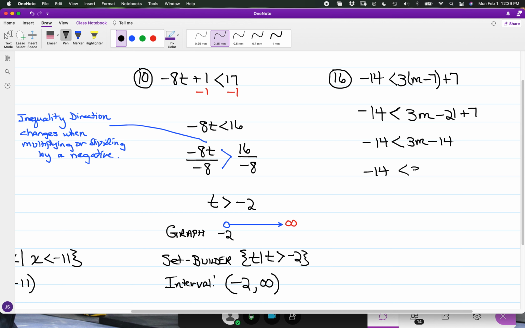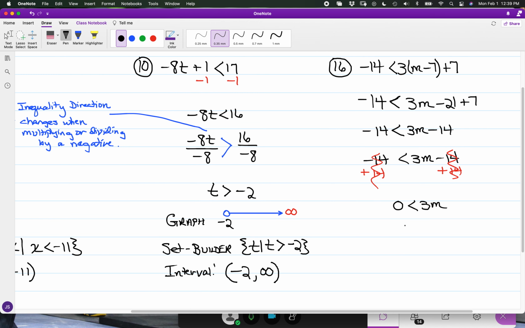And upon isolating 3m, we're going to move the constant 14 over by adding. And once we do so, we're going to have cancellation of terms. So we got 0 is less than 3m, and getting that m by itself.